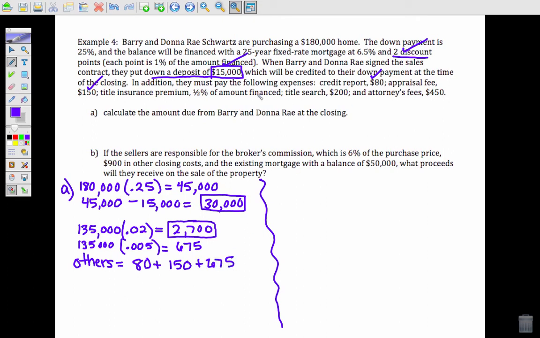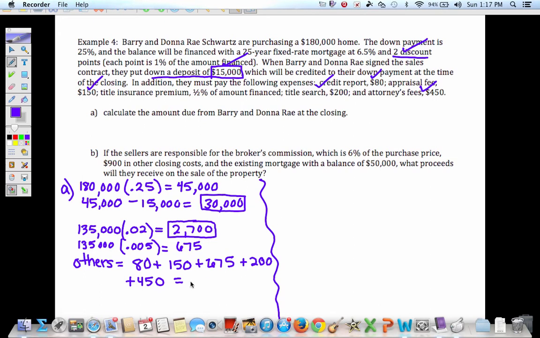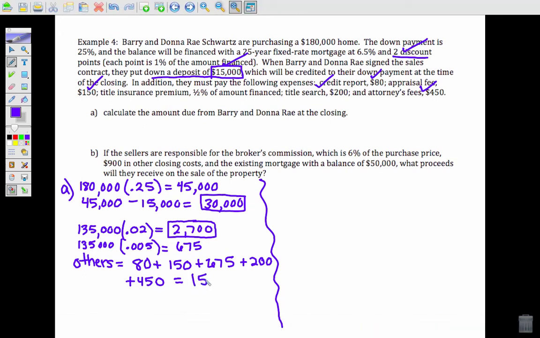So I'm going to add that in here, $675. That's that 0.5% amount financed. $200 for a title search plus $200, and we've got attorney fees of $450, so plus $450. So basically let's go ahead and add all of these others together. Looks like the others add to $1,555.